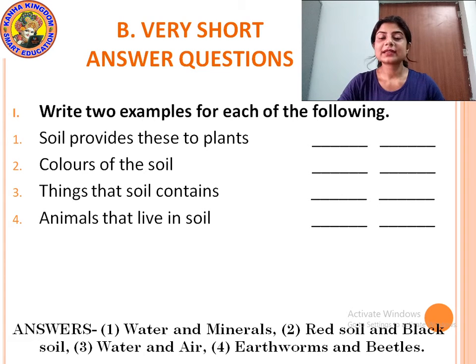Soil provides these 2 to plants, that is water and minerals. Number 2, color of the soil. Red soil and black soil. Things that soil contains, water and air. Animals that live in soil? Earthworm and beetles. Okay?